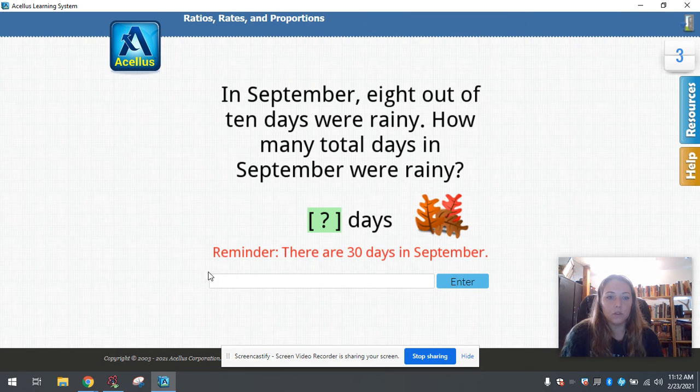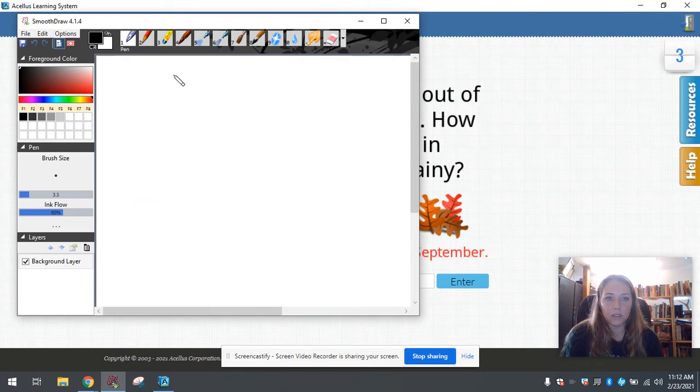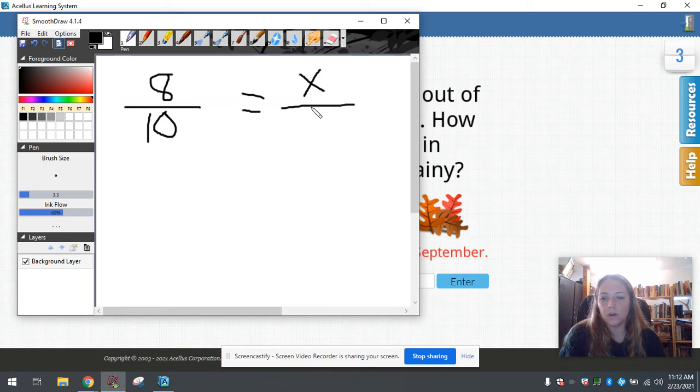Okay. So, 8 days were rainy out of 10 days that they monitored the weather. We want to figure out about how many days were rainy for the whole entire month. So on the bottom here, we have the total days, and on the top, we have the rainy days.